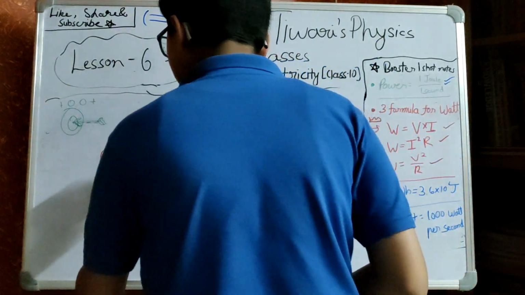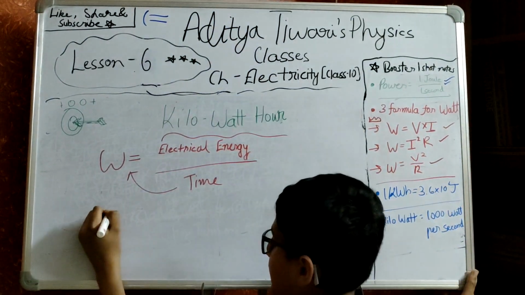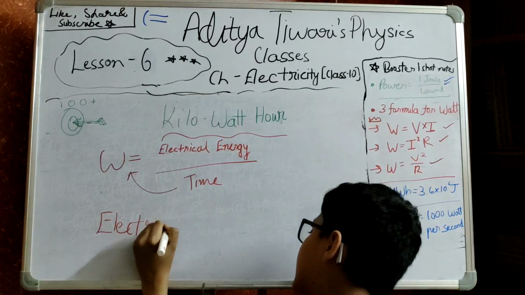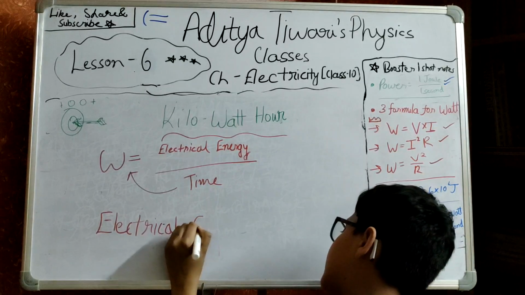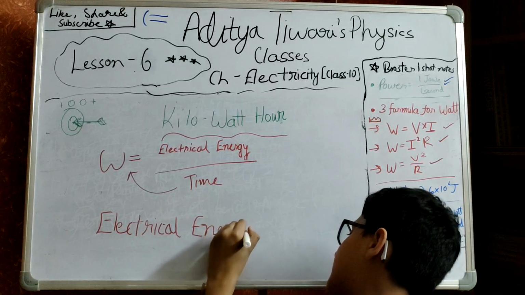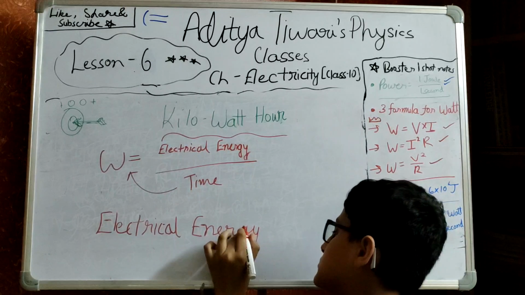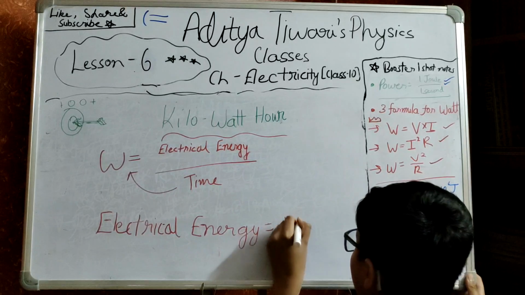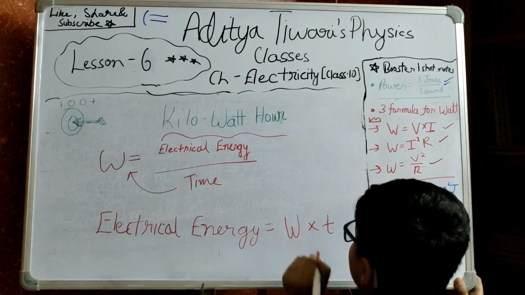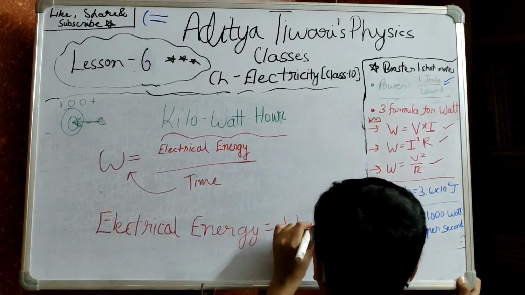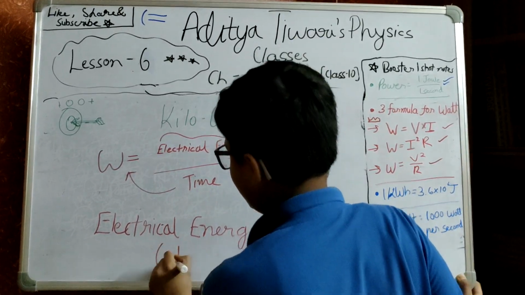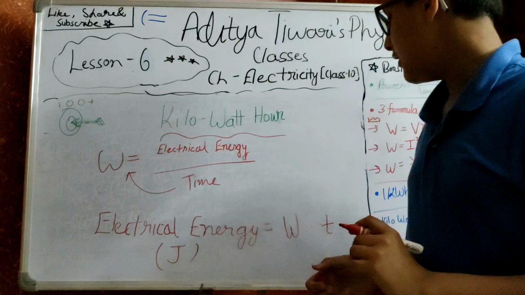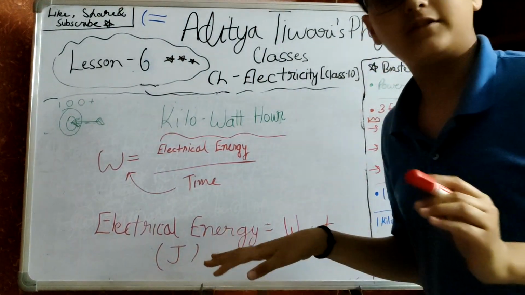So the formula for electrical energy is equal to watt times time. Okay, and this electrical energy's SI unit is joules. So this is the basic.